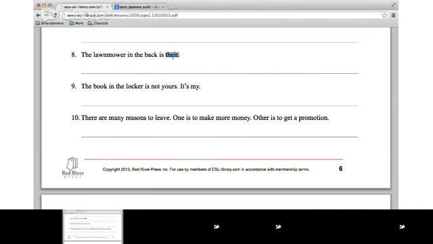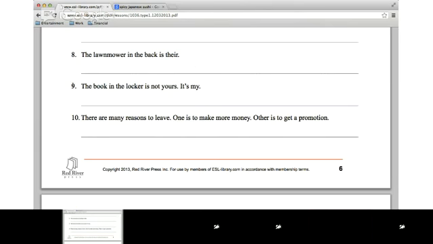No problem. We would need an S. So we would need to say the lawnmower in the back is theirs. Yeah, with an S there, is theirs. Does that make sense? The lawnmower in the back is theirs.